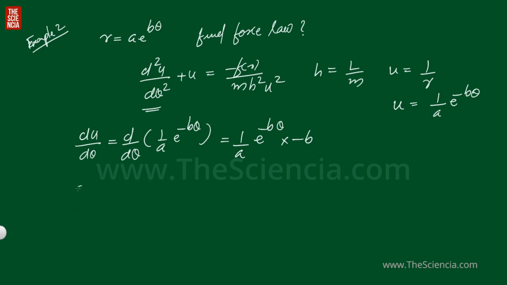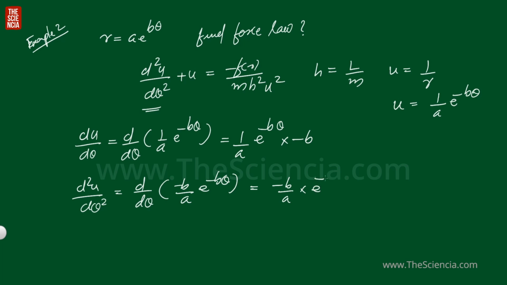Now we have to find out d square u by d theta square, that is equal to d by d theta of minus b by a e raised to minus b theta. So we get minus b by a into e raised to minus b theta into minus b. So we get this is equal to b square by a e raised to minus b theta.